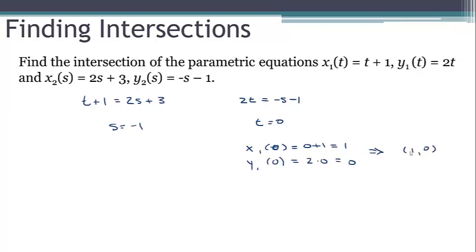And you can check this by substituting s = -1 into the second set of equations, and you'll get this same point. Now, thinking about our second type of question, two points moving along these two curves would not collide since they get to the intersection at different time values. That is, for different values of their two parameters.